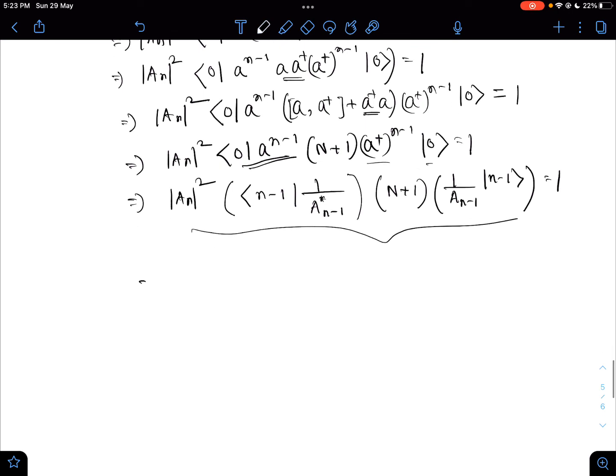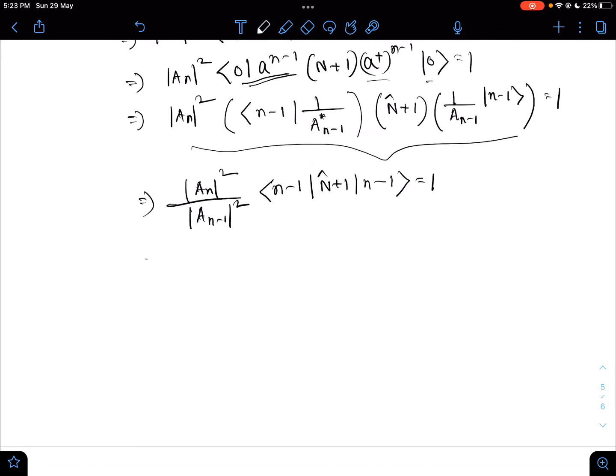So from here we are getting a_n squared divided by a_{n-1} squared, and here we have <n-1|(n+1)|n-1>, where n is the number operator. This <n-1|n-1> should be 1. What will this term give us?